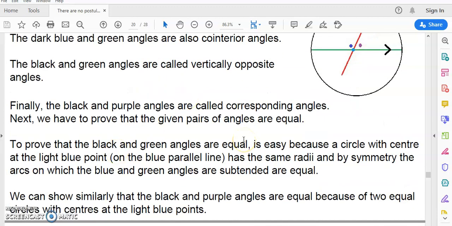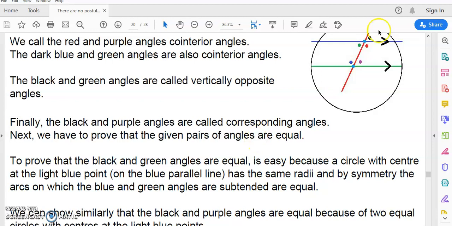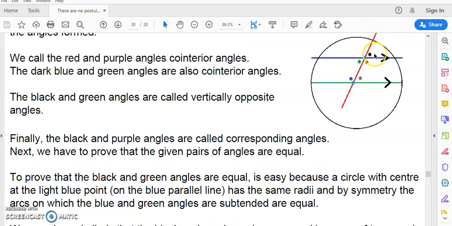So to prove that the black and green angles are equal, to prove that this and this angle are equal, it is easy because a circle with a center at this light blue point that you see where I'm pointing here has the same radii, and by symmetry, the arcs on which the blue and the green angles are subtended.